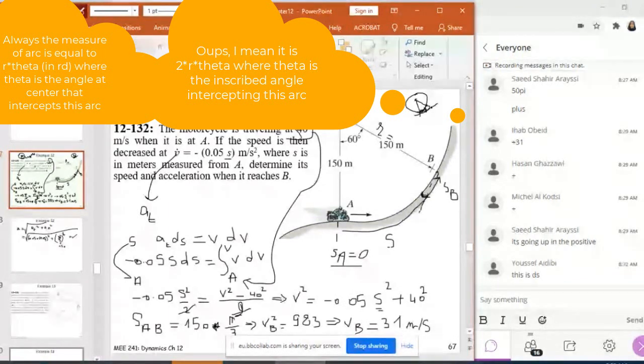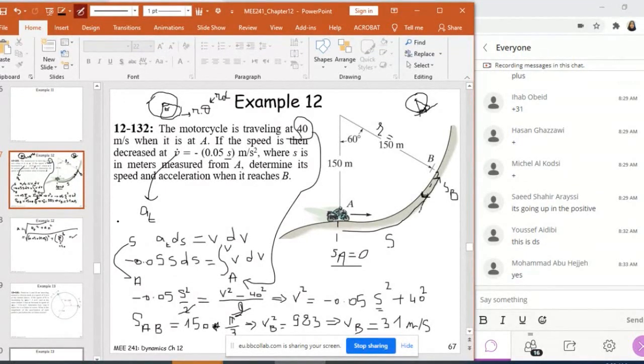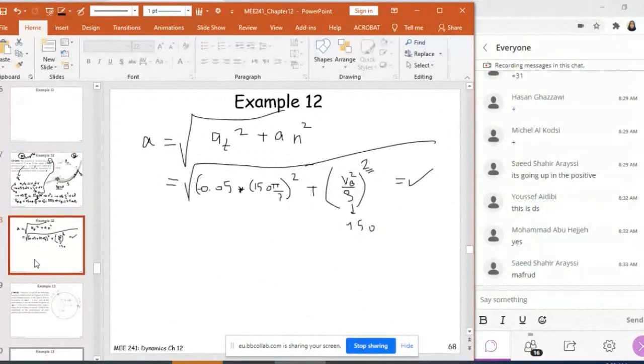So if you remember from geometry, if the angle is given with this tangent, this S will be r theta over 2 and not r theta. So if this angle is given at the center, it will be r theta. If this angle is given with a chord here, this will be r theta over 2. Okay? So this S will be r theta over 2. All right, guys? All right. Are you done, guys?